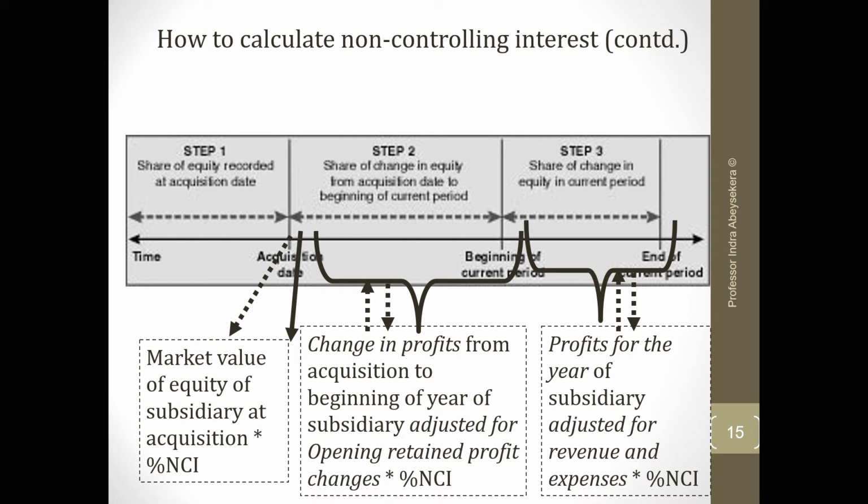Then step 3 is the profit for the year of the subsidiary adjusted for intergroup transactions. Give a percentage of that to NCI.